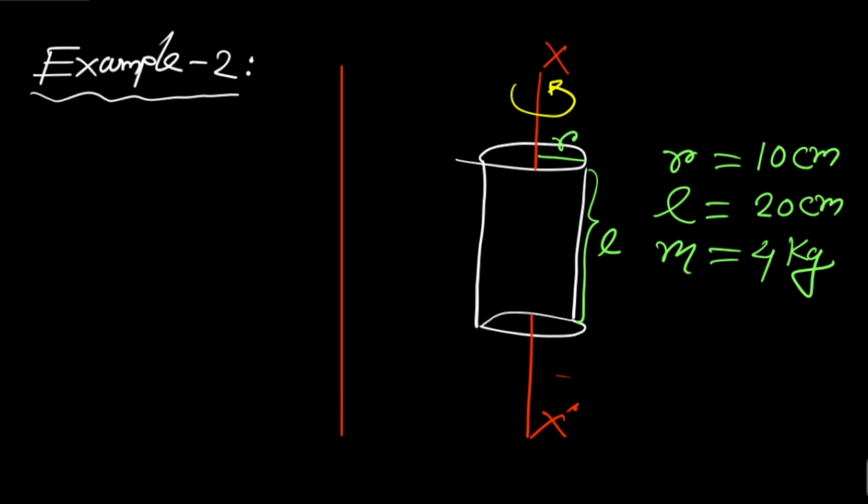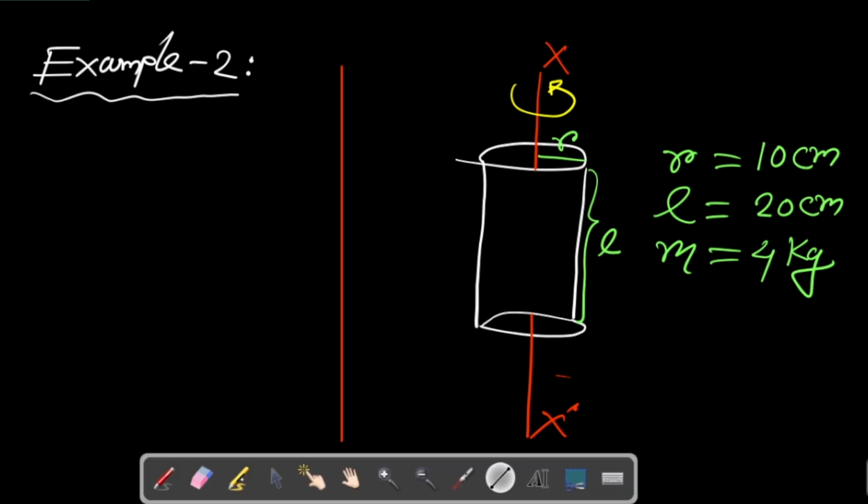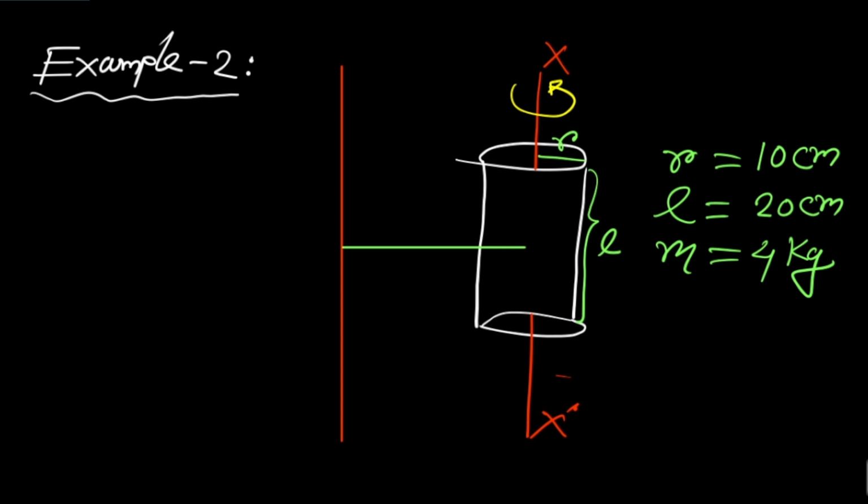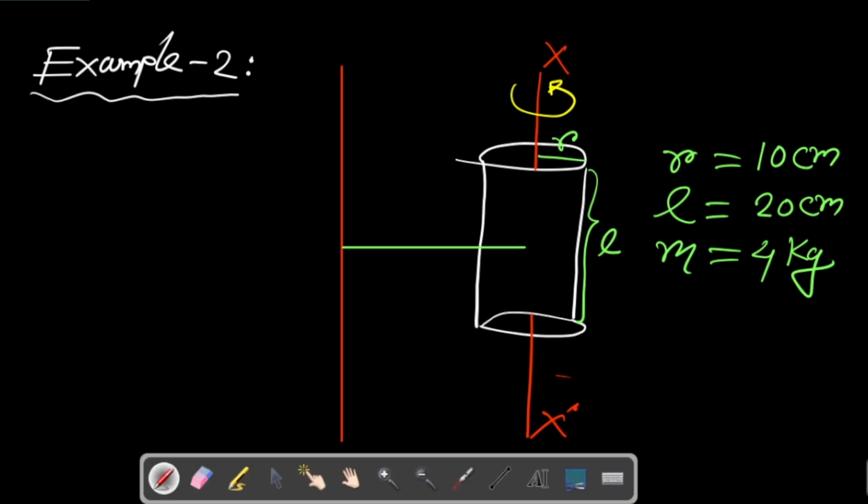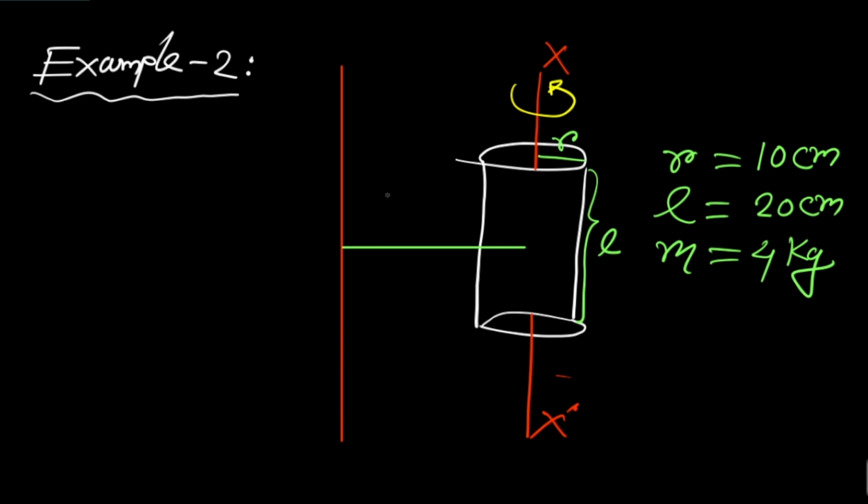Okay, this is another rotational axis. Suppose the distance between this axis and the center of gravity has been given. Suppose this distance is h equal to 15 centimeter and the name of this axis is AB.